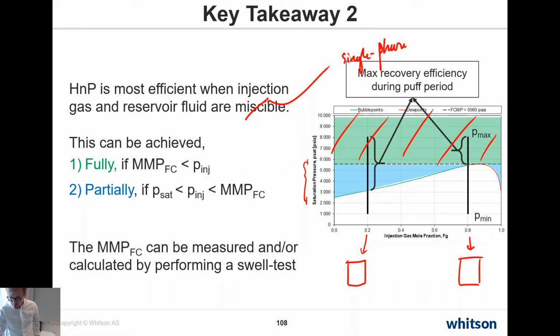The maximum recovery efficiency is when this is single phase, which in this pore will be from 8,000 down to 3,000.